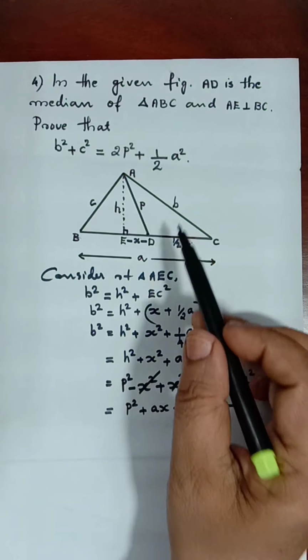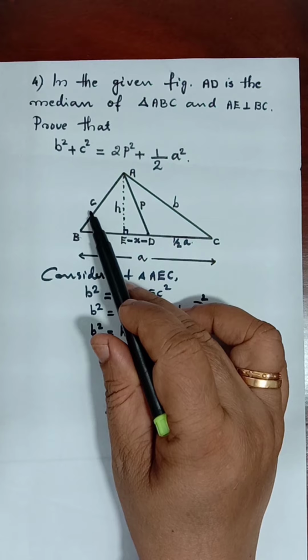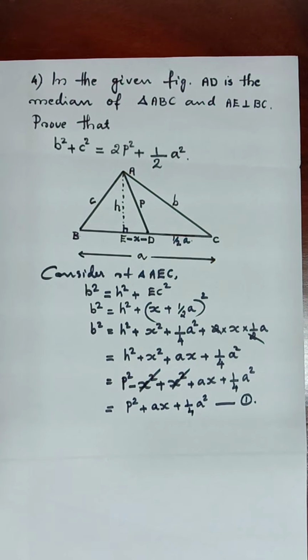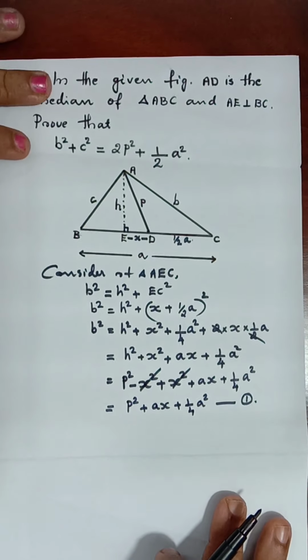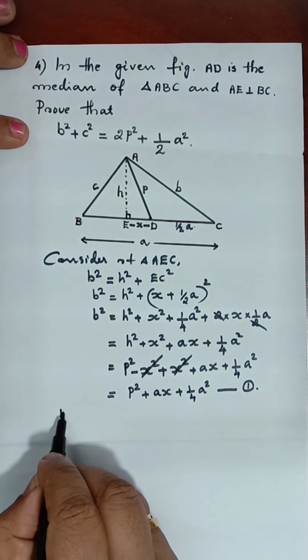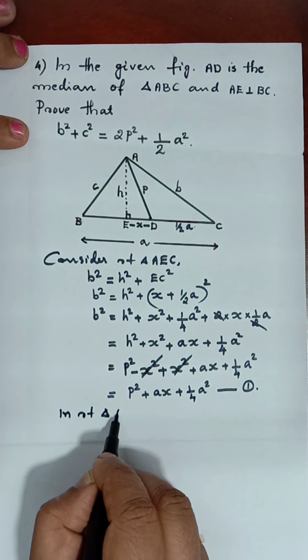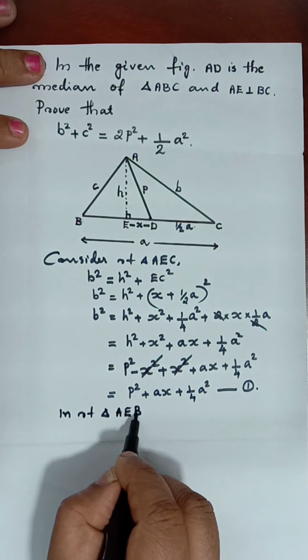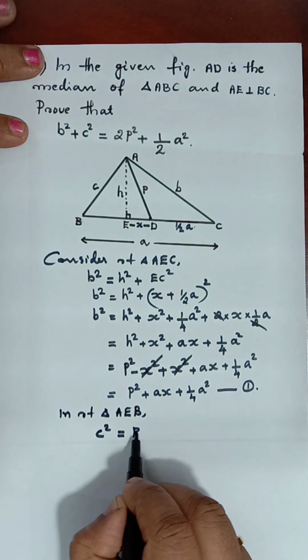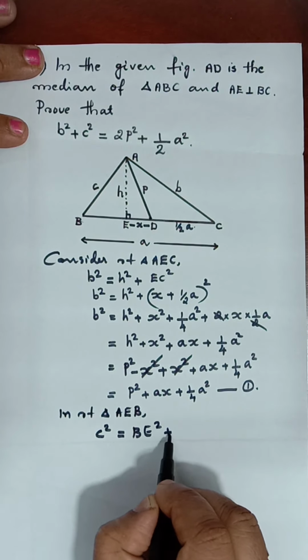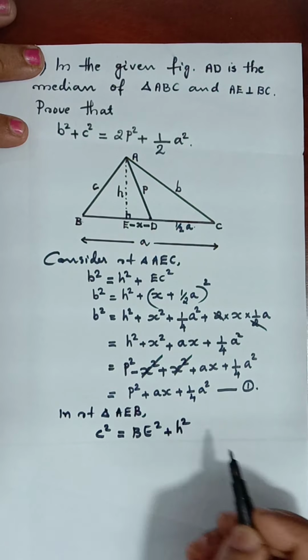So B square we have found out. Next let us find out what is C square. How to get C square? So we have to consider right triangle AEB. Here we have C square is equal to BE square plus H square, that is AE square.